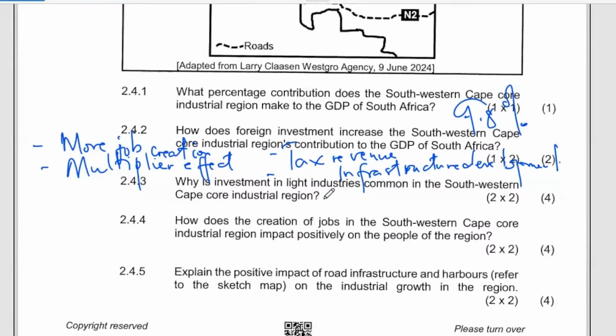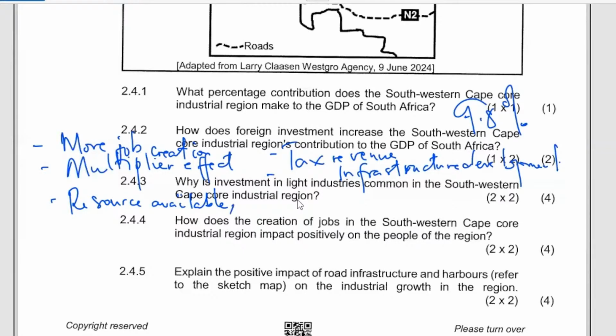We can say because of the resources available. The resources available allow mainly for light industries to develop. You can give examples of the resources that we find in that core industrial region and relate them to how they contribute towards light industrial activities.